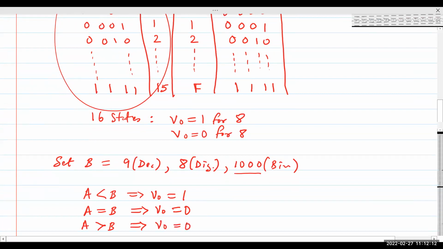So again, for 0 to 7, meaning for 8 states, A will be less than B. And for the other 8 states, A will be equal to or greater than B. And so you have a 50% duty cycle.